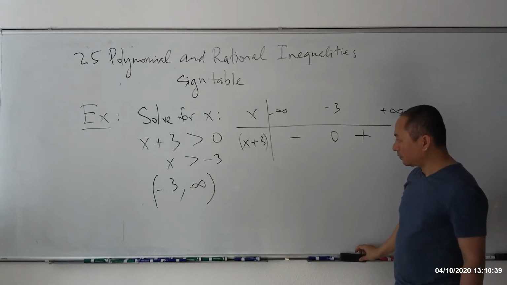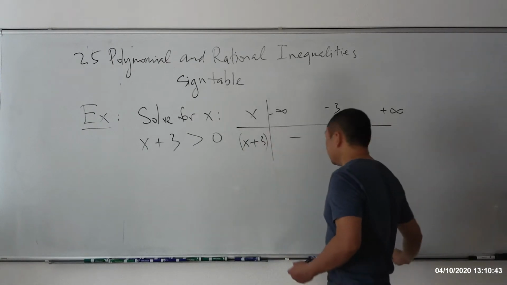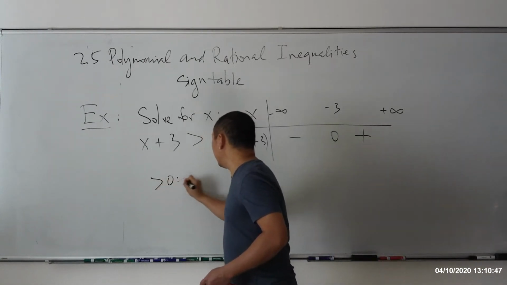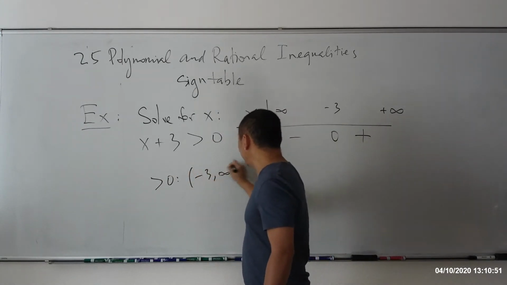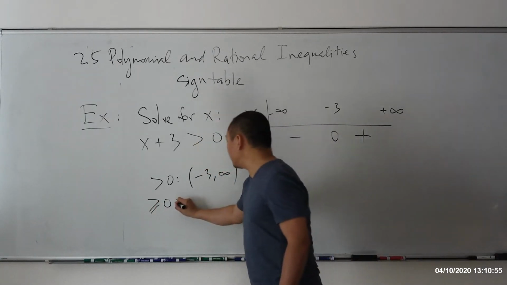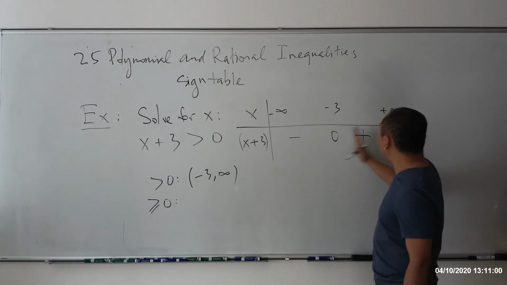Okay? What if the question I asked you is, instead of greater than 0, greater than or equal to 0? Then of course you get the idea already by looking at the table. We're looking for something that's greater than or equal to 0.